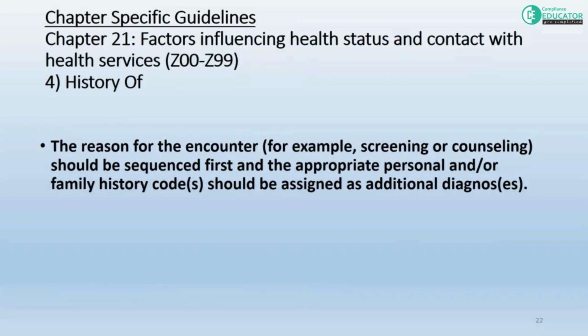History of, the reason for the encounter should be sequenced first. The appropriate personal and/or family history should be coded as an additional diagnosis. So when we have, what are we seeing the patient for? We're going to do screening for a history of. They're telling us we need to use the appropriate screening code or counseling code first, and then the history code goes second according to the guidelines.